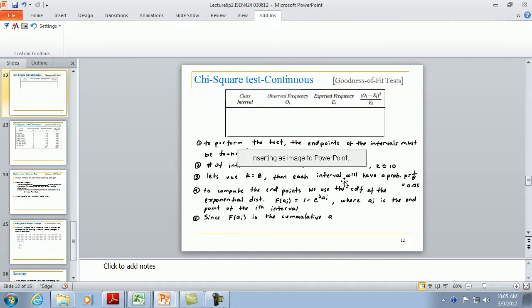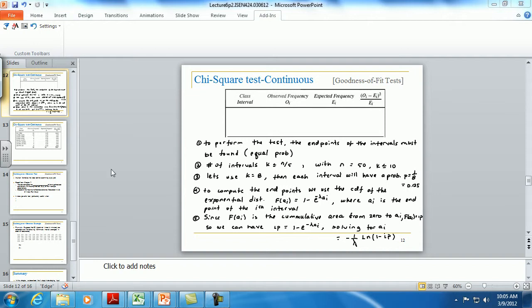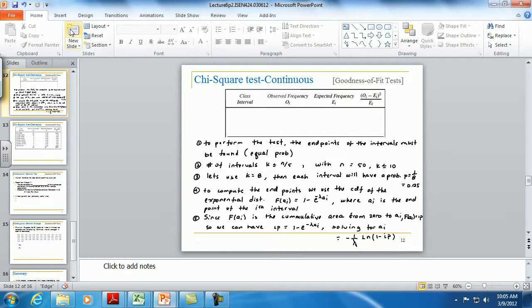The first thing I'm going to do is compute the parameter that we need for the exponential distribution. Okay, so let me add an additional slide here.